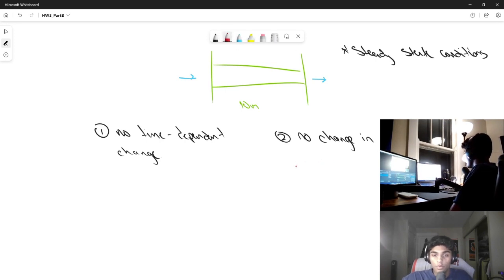So we can use the relationship that the differential amount of mass in is equal to the differential amount of mass out, which we can just represent as this differential amount of mass. Having these two assumptions in place, we can start deriving Bernoulli's equation.